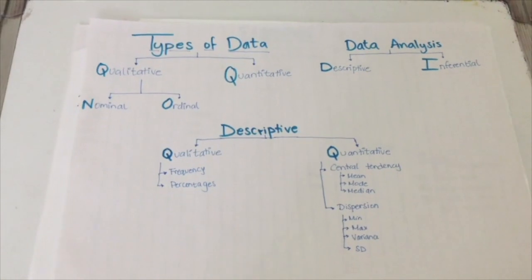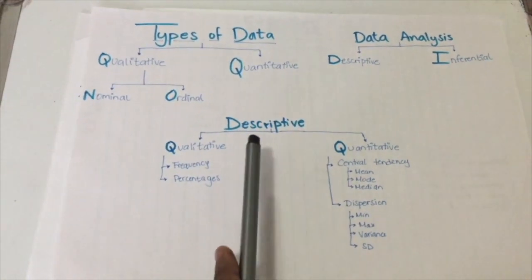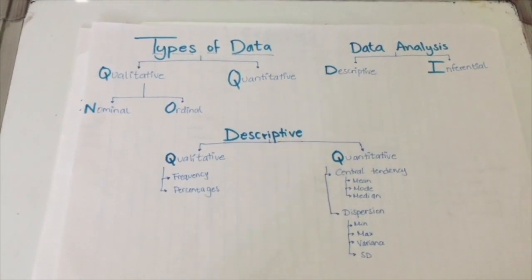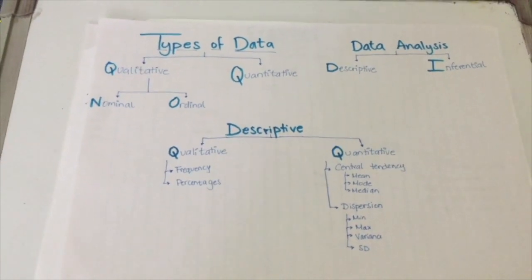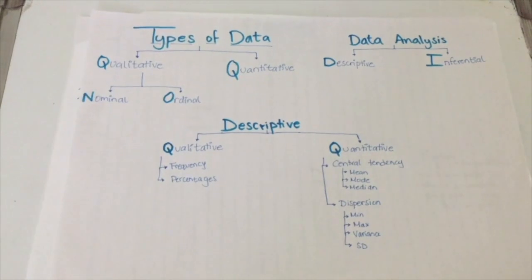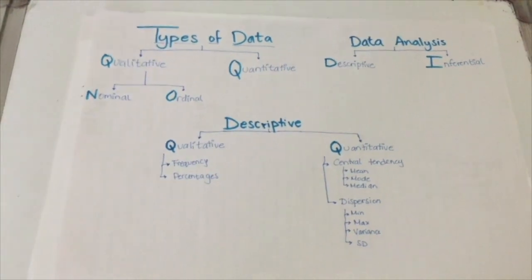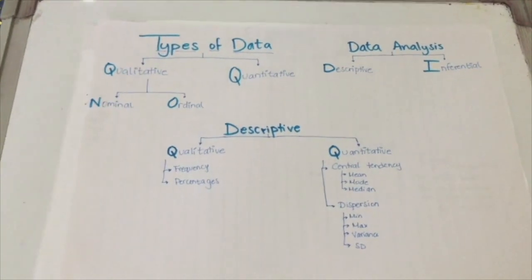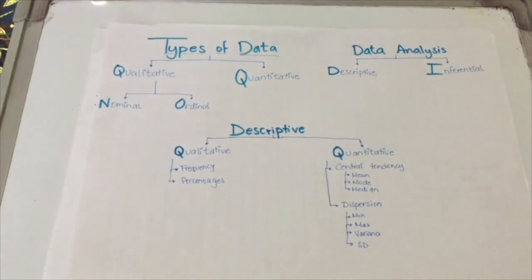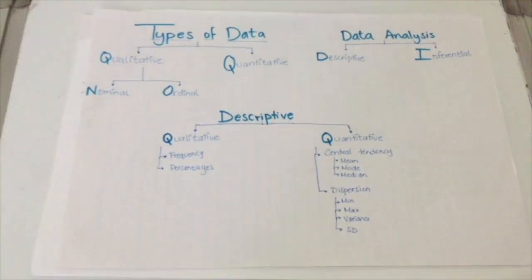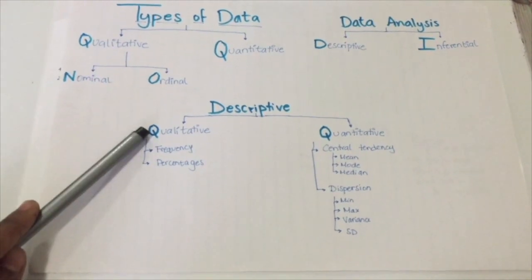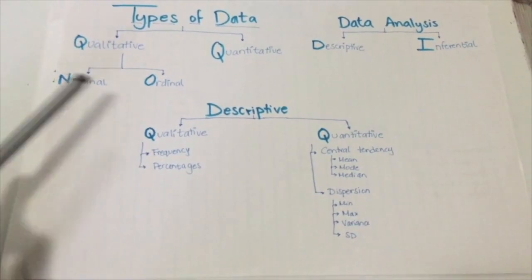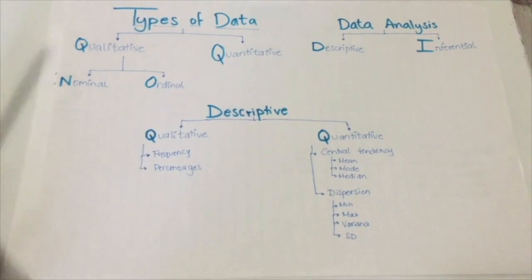So we're going to be focusing on descriptive statistics, which basically means that we are describing our data, or describing how it is distributed. So again, we're going to go back to the types of data, because depending on the type, we have different tests or different ways to handle it. So we're going to start with qualitative. When we're talking about qualitative, again, just a reminder, it's either nominal or ordinal, and it is not a number.